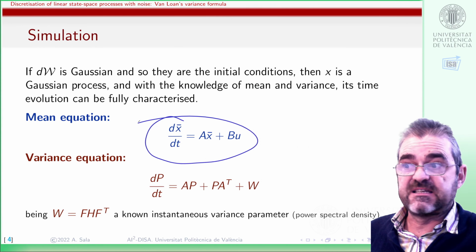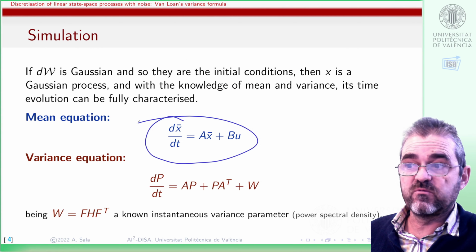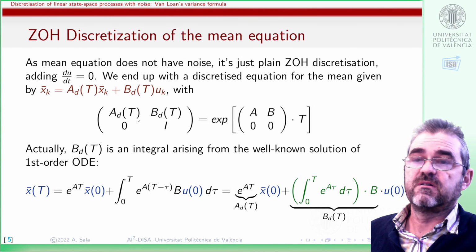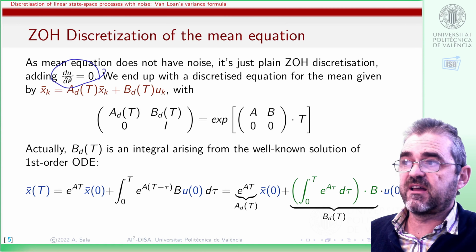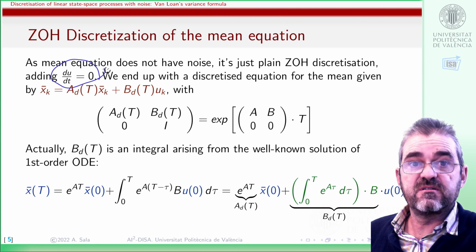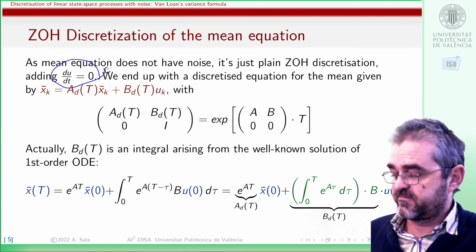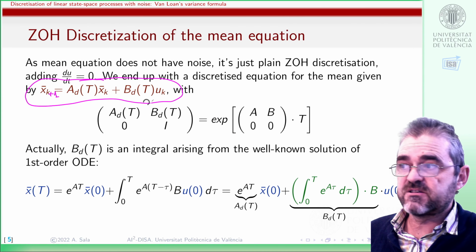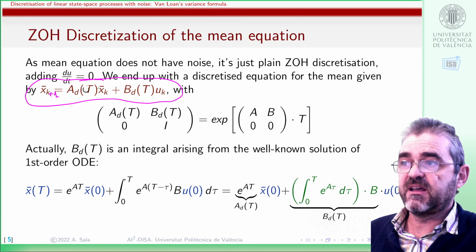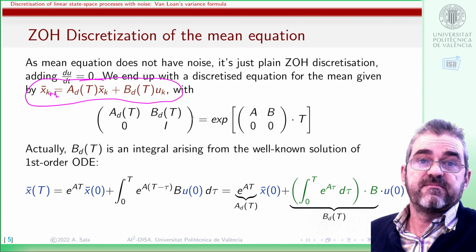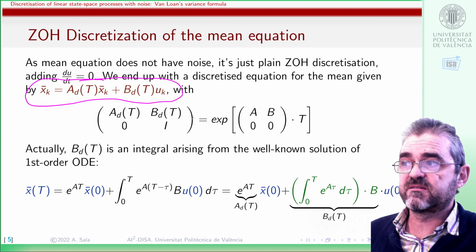The goal will be discussing variance later on. The mean equation is easy, it's just simulating the process without noise. So if we have a zero-order hold because we want to discretize for computer control, we need just adding that the input is constant in the middle of a sampling period. The final discretization of the mean equation is this one, and AD, BD can be computed in two equivalent ways.